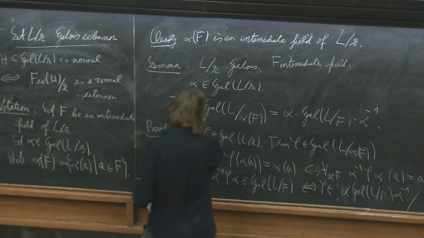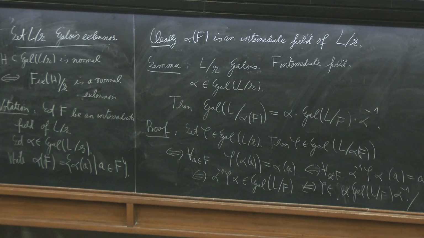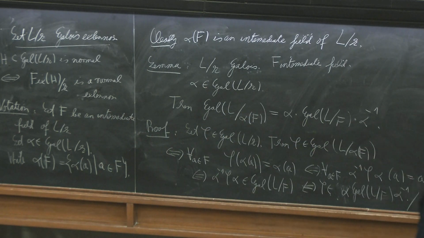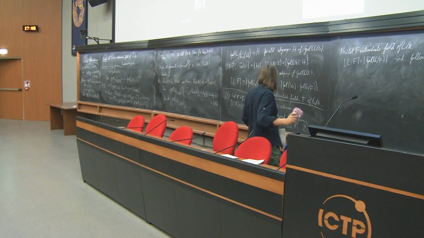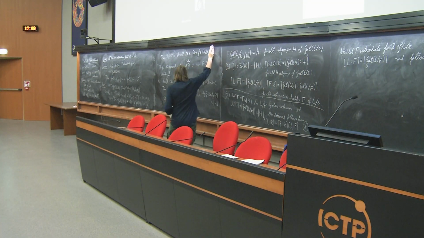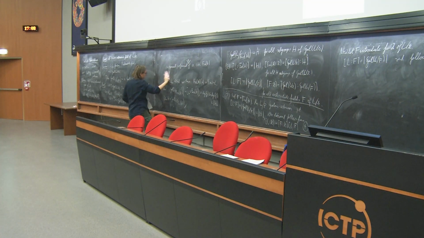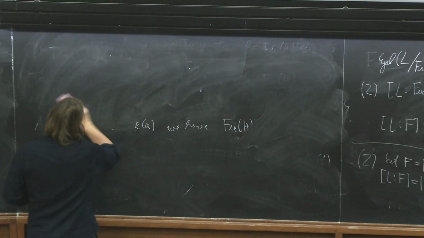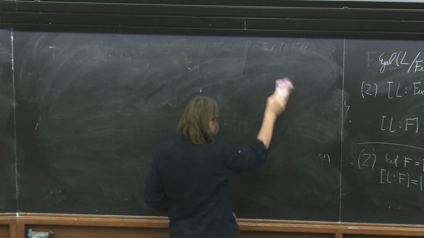Okay, so this is just by definition what happens to the Galois group when we act on the intermediate fields with alpha. And now we want to prove our result about normal subgroups versus normal intermediate fields.